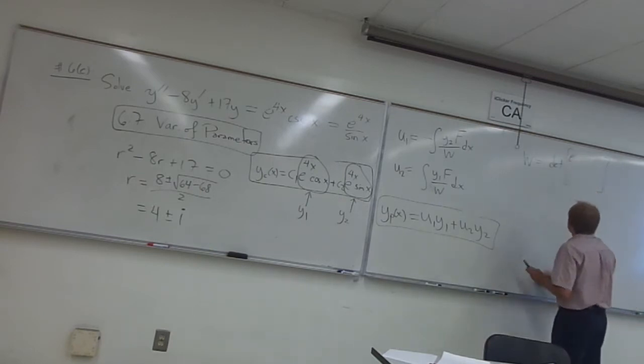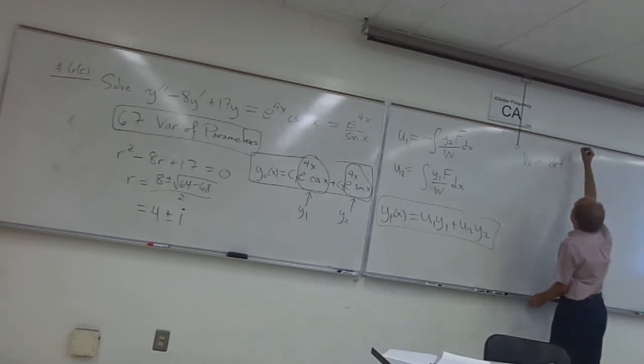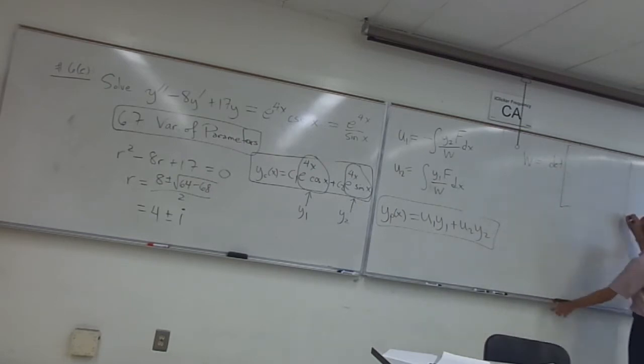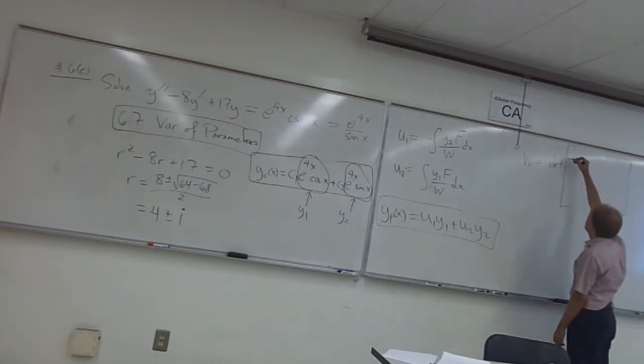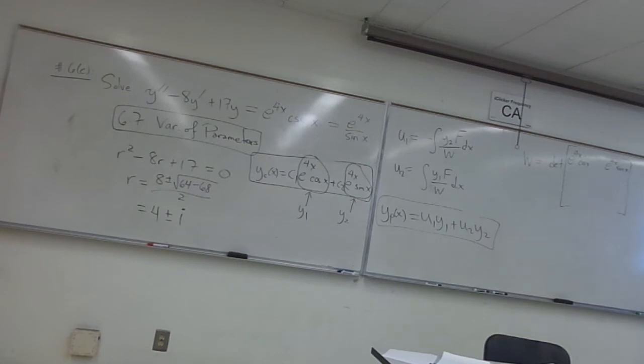I'm going to need more room here because I can tell I have to use a product rule. It actually won't be that bad. So we have e to the 4x cosine of x and e to the 4x sine of x. I'm going to use the product rule to take the derivatives.